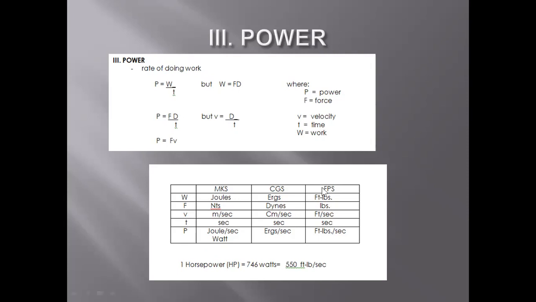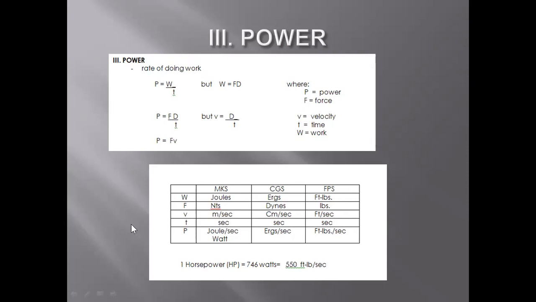The pounds here is actually pound force. Please do not be confused with pound mass, okay? For force, that is pound force in English or FPS. And then we have the velocity in meters per second for SI or MKS, centimeter per second for CGS, and feet per second for FPS or English.